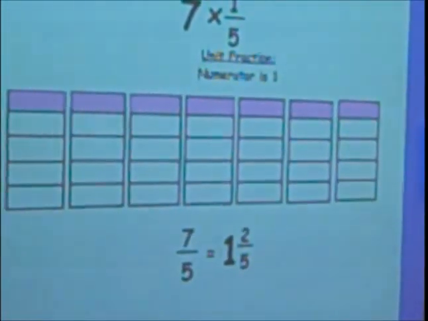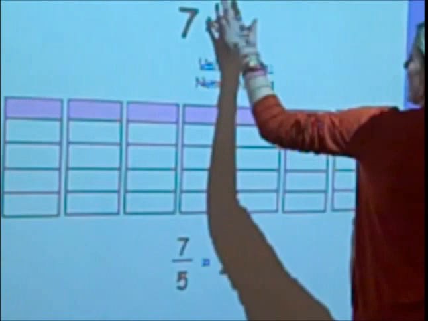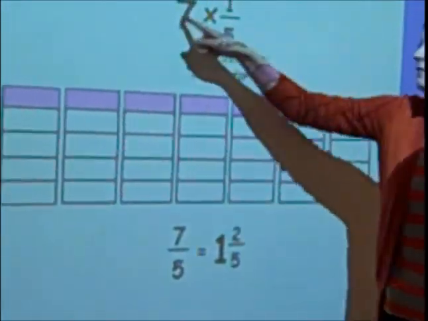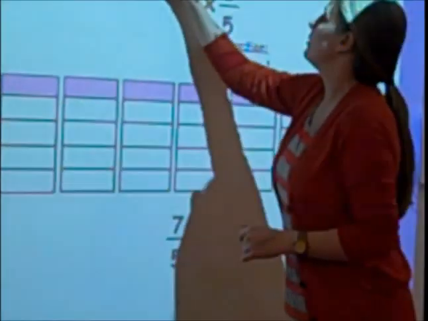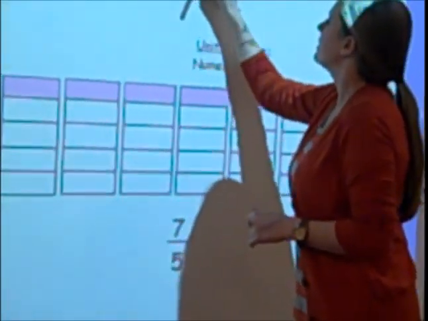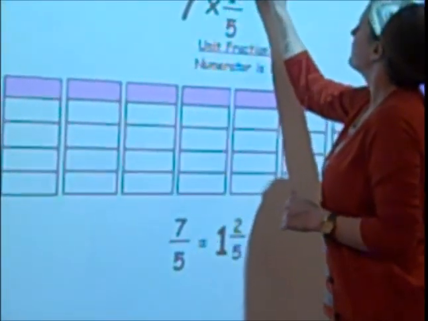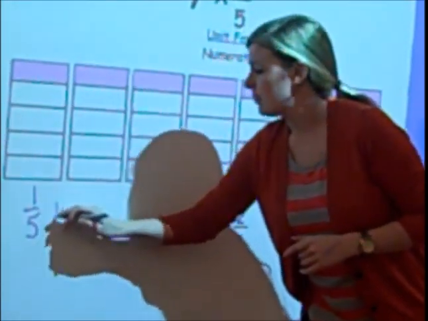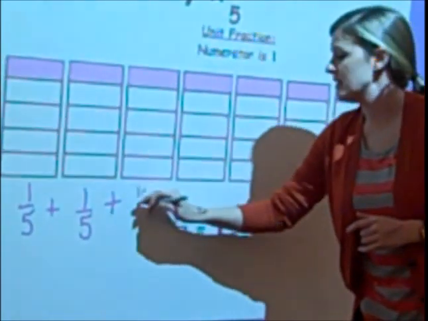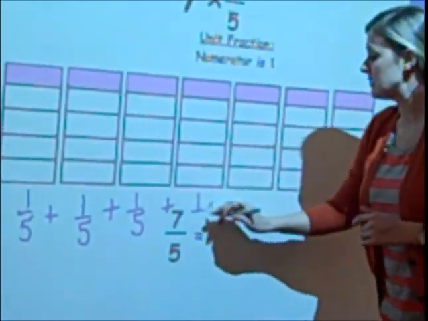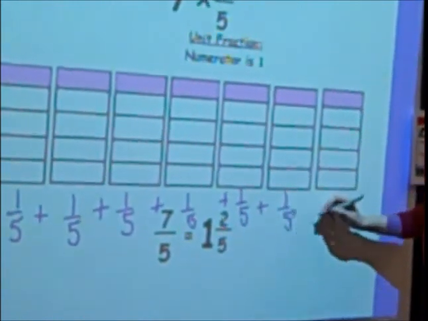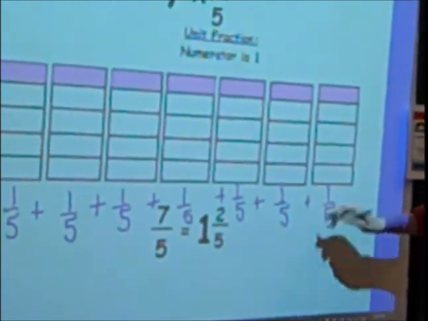It's me. Okay. So when I have 7 times 1/5, that's literally me saying 7 groups of 1/5, which is a very important concept. That also means 1/5 plus 1/5 plus 1/5 plus 1/5 plus 1/5 plus 1/5 plus 1/5.